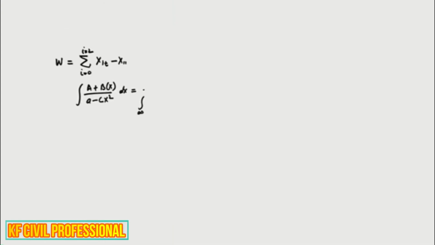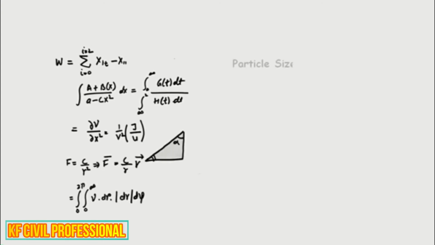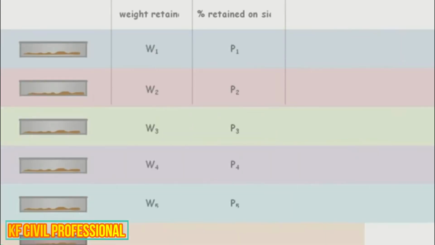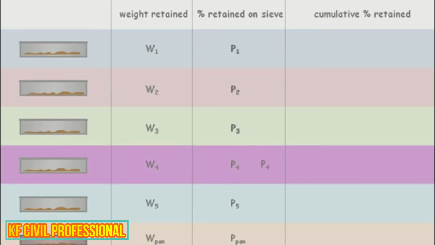For calculation purposes and to determine some important characteristics, we also calculate two values. First one is cumulative percentage retained. Let's write our calculations in a table. Cumulative percentage retained of any sieve is the percentage weight retained on that sieve plus the percentage weight retained on all the sieves above it.